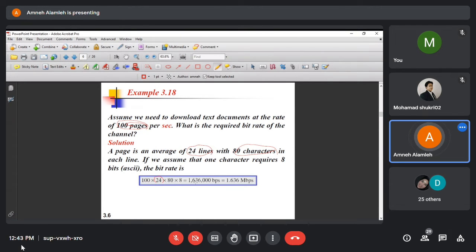Then we get how many bits per second? It's about 1 million. So to download 100 pages in 1 second, the bitrate is 1,536,000 bits per second, or 1.5 megabits per second.